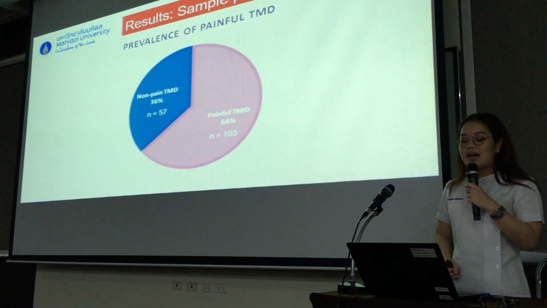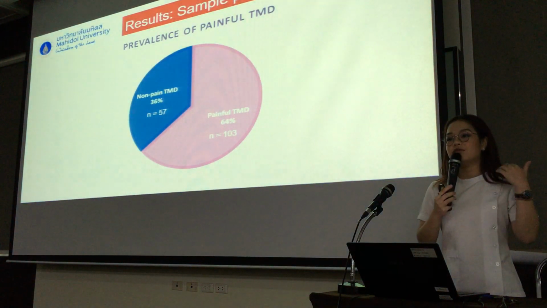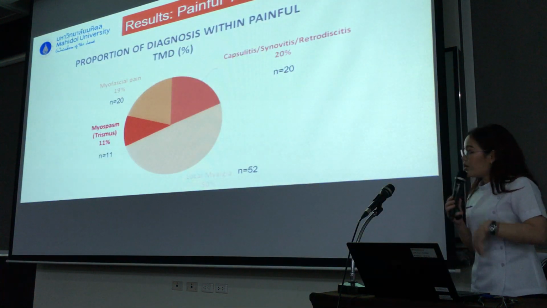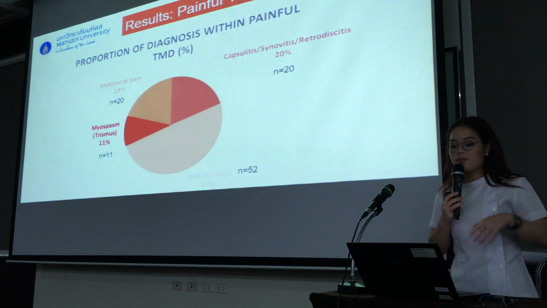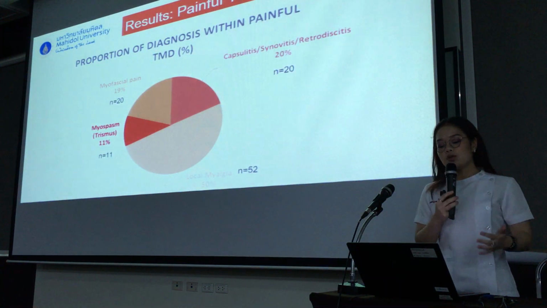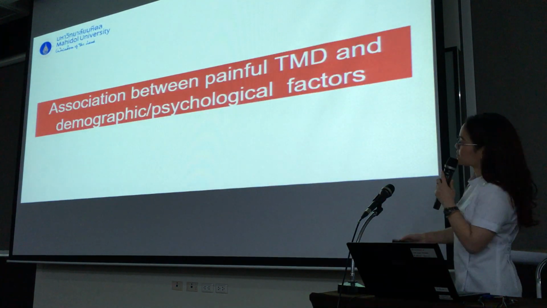Our results were that from our sample population, we have painful TMD at 64%. Moreover, within that 64%, the most common diagnosis within the painful TMD was local myalgia at almost 50%.